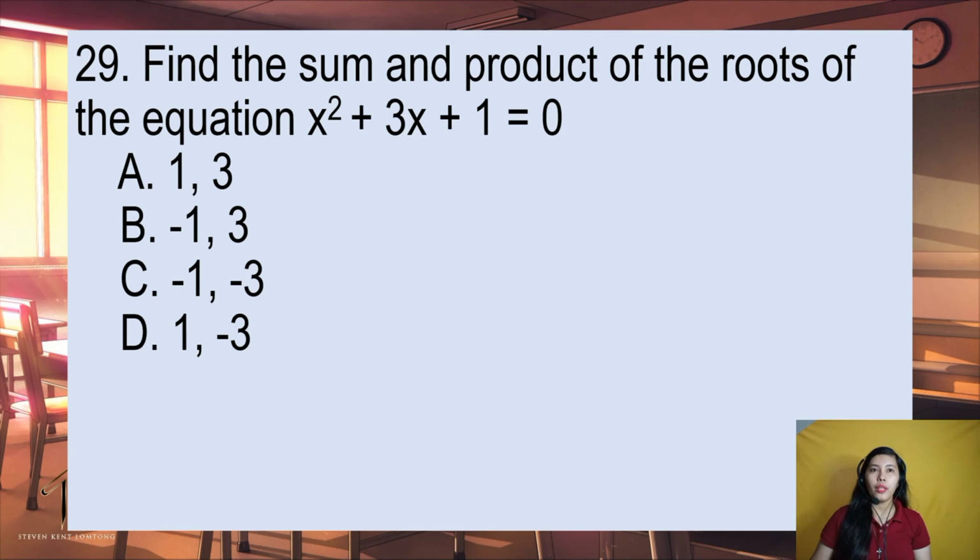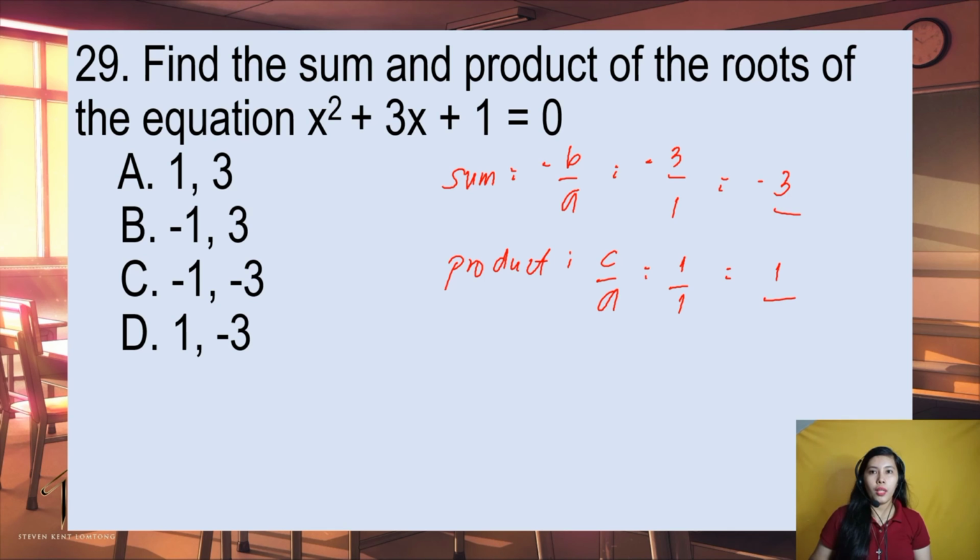So yung sum natin, that's equal to negative b over a, so that's equal to negative 3 over 1 or negative 3. For the product naman, we have c over a, and that's equal to 1 over 1 or equal to 1. So yung nahanap natin is 1 and negative 3.